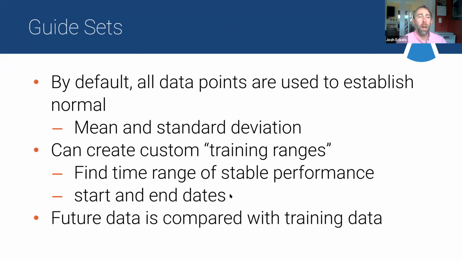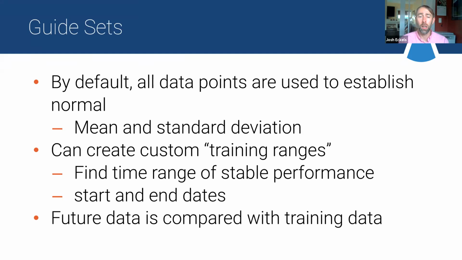So then, getting a little more complicated and a little more refined. Like I said, by default, we look at all the data points that are imported into that folder for that instrument to establish the normal range, the training set for what that assay should be doing. But we can customize that and say, no, I don't want to pull in everything, because maybe I've got an ongoing problem with calibration and the instrument's performing well right now.